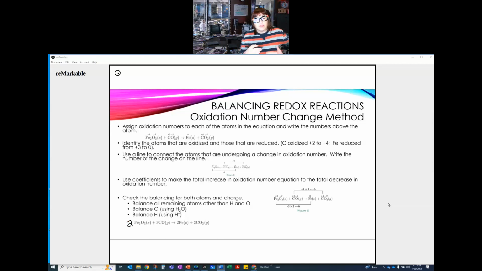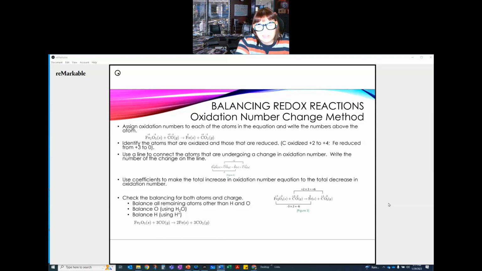This is really no different than what we talked about previously. We then need to balance for oxygen. So they indicate what the charge is going to need to be to make that work.